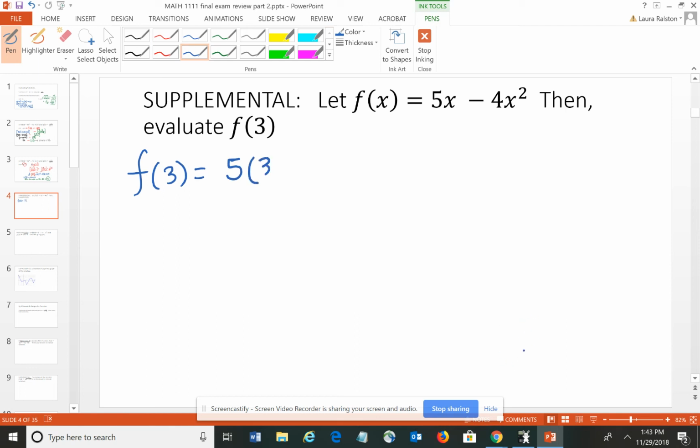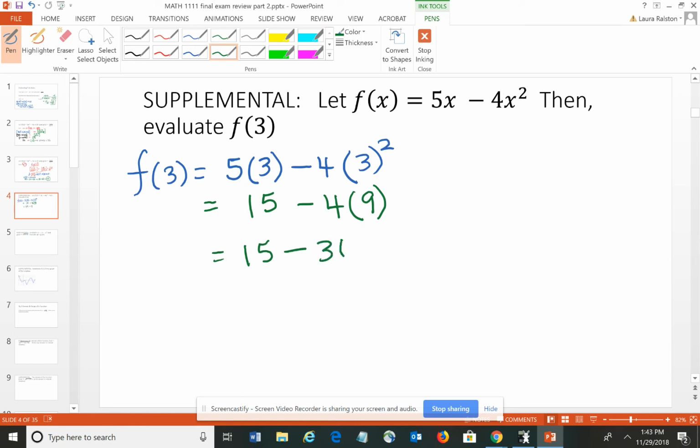So I'm going to have 5 times 3 minus 4 times 3 squared. Doing the math, working left to right, 5 times 3 is 15 minus 4 times 3 squared, which is 9. So I have 15 minus 36, and then 15 minus 36 would be negative 21. So f at 3 is negative 21.